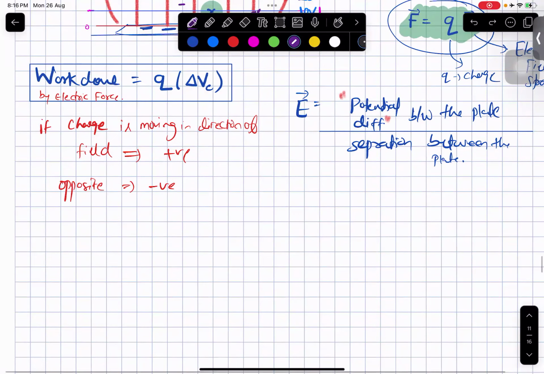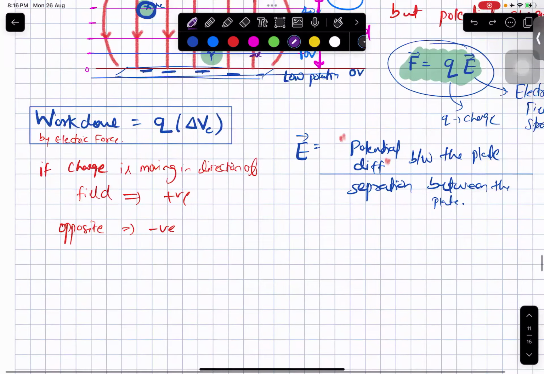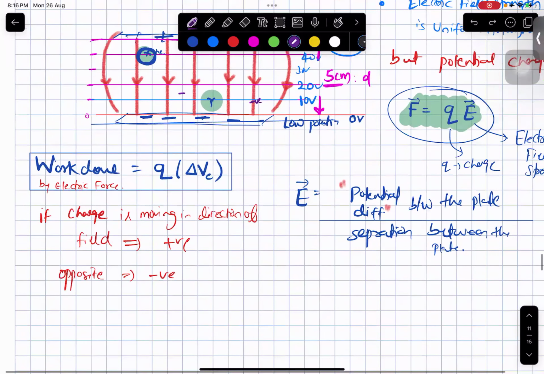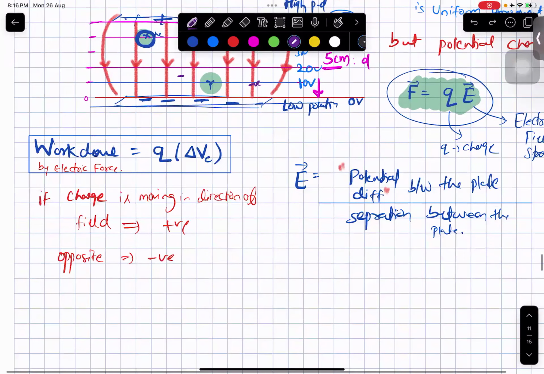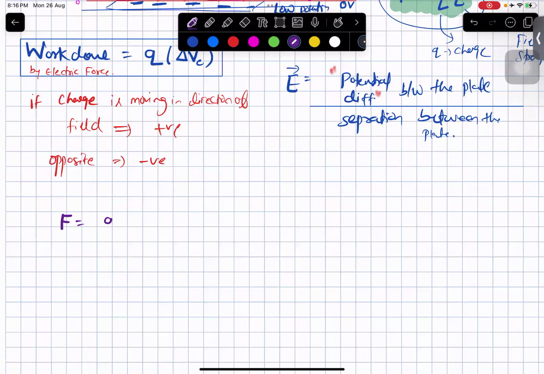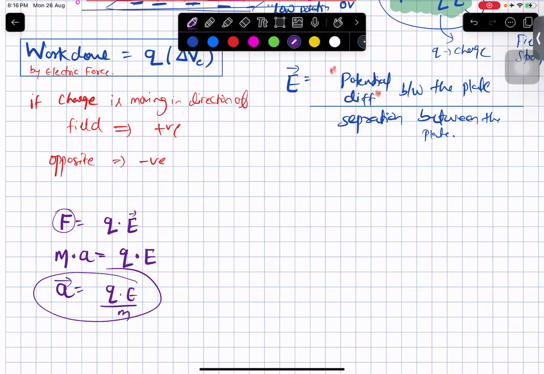And you can also calculate using the basic general formula. F is equal to Q into E. The same force can also be written as mass times acceleration, which is Q times E. So acceleration will be nothing but Q times E upon mass.